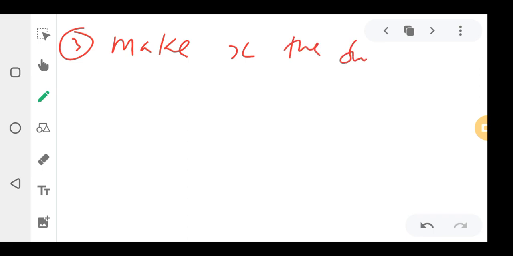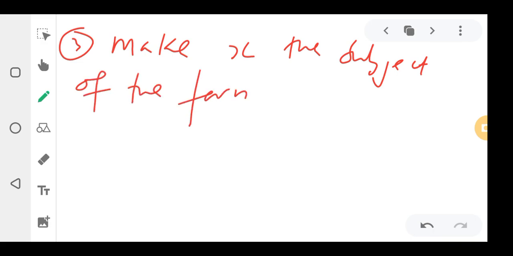Okay. The third question, they can say make x the subject of the formula. Okay, and then they can give you, okay, we use b now, make b the subject of the formula.